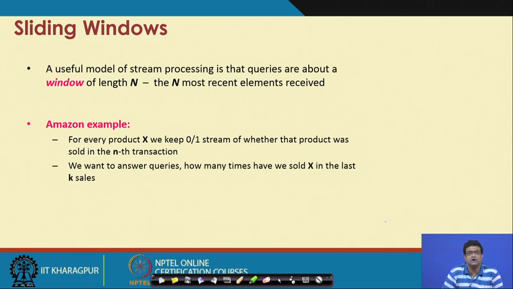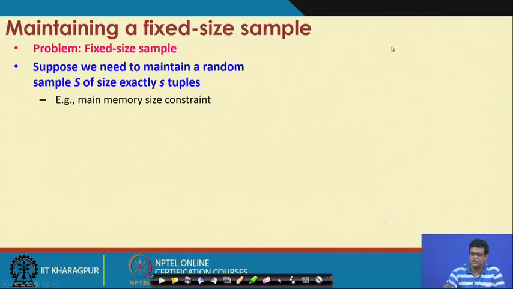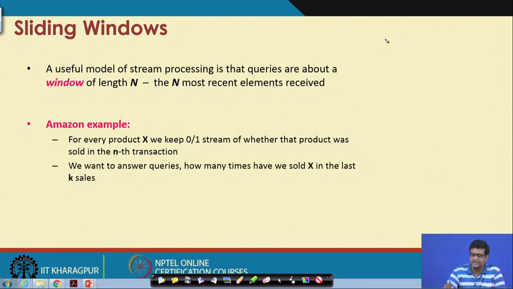So your stream is: sold, not sold, sold, not sold, not sold, not sold, sold, sold, and then you want to ask about the last k sales. Let us say this is the start of the stream, this is the current position of the stream, and this is where time goes back, and this number is k.